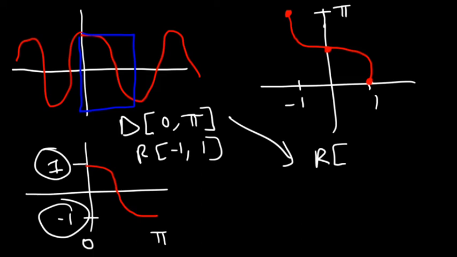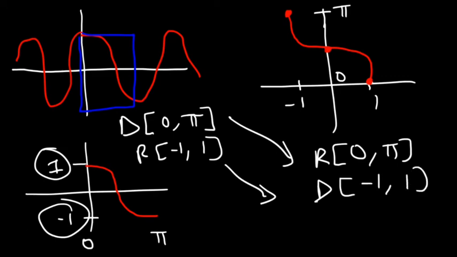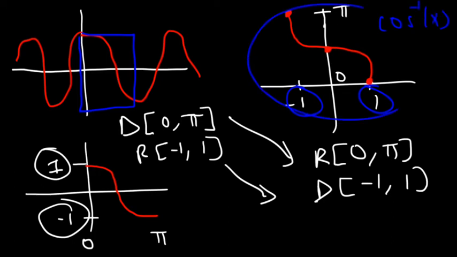Now look at this, the range is 0 to pi and the domain will be minus 1 to 1. Look at cos x and cos inverse x, the domain and range are exchanged. So the domain is minus 1 to 1, with big brackets, and the range is 0 to pi, and this is the shape of cos inverse of x.